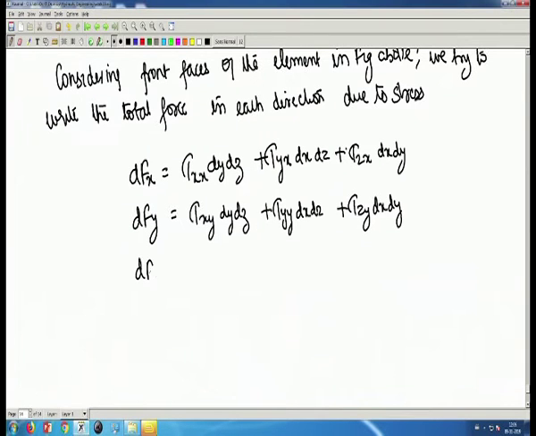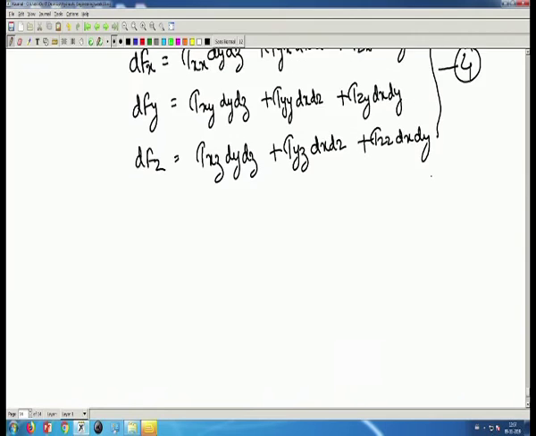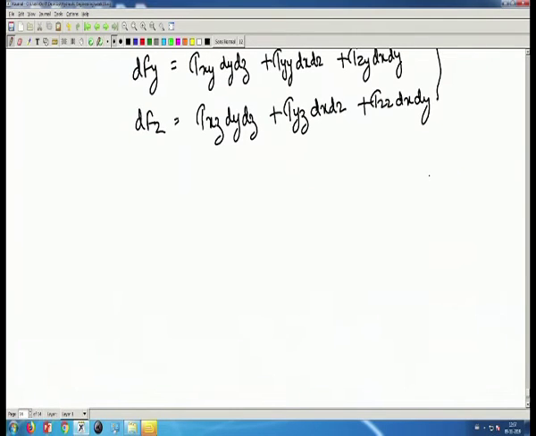And similarly dfz is written as tau xz into dy dz plus tau yz dx dz plus tau zz into dx dy, and these three equations we call equation number 4. All right.